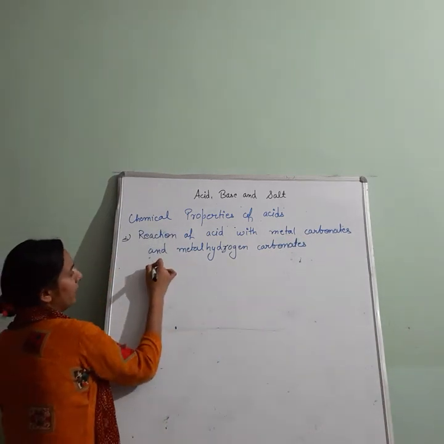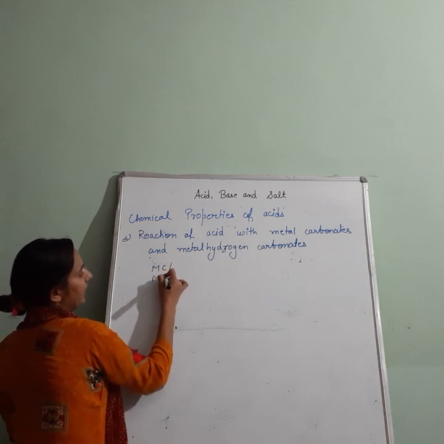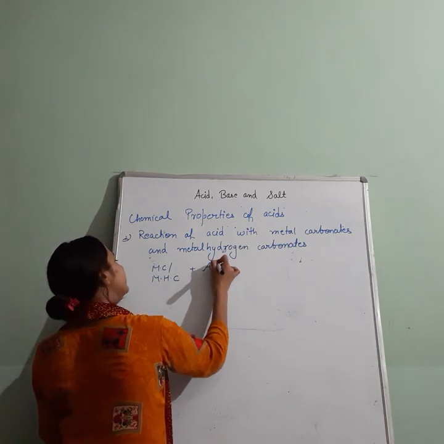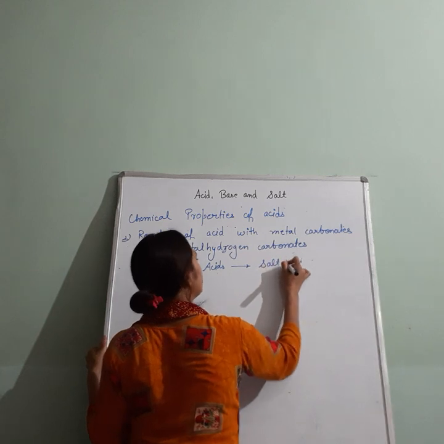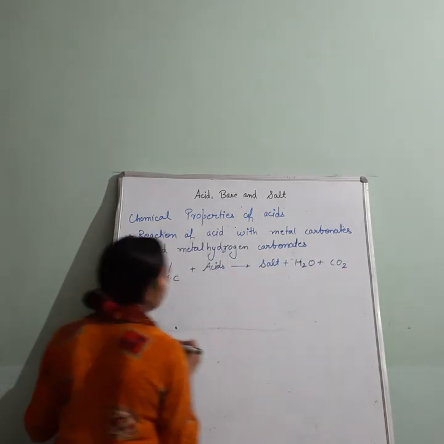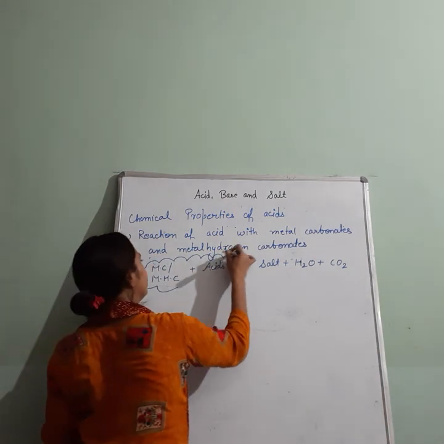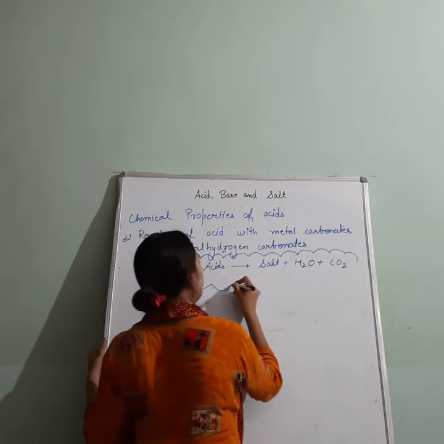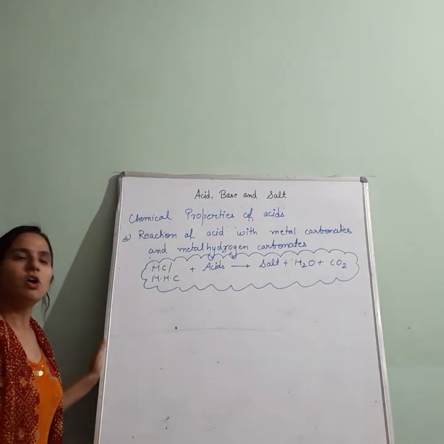So, when metal carbonates or metal hydrogen carbonates react with acids, they form salt plus water plus CO2.